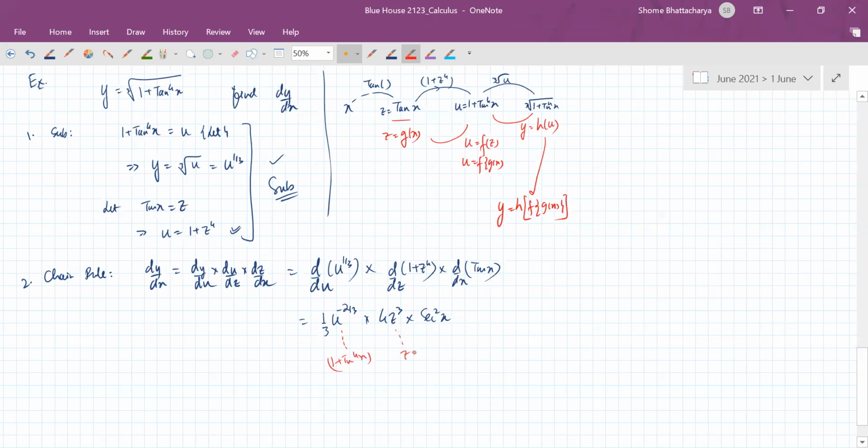Okay, so we can substitute that. So this we can now write as 4 by 3 z cube sec square x divided by u to the power 2 by 3, and that we can now substitute as 4 by 3 tan cube x sec square x divided by 1 plus tan to the power 4x, this to the power 2 by 3.